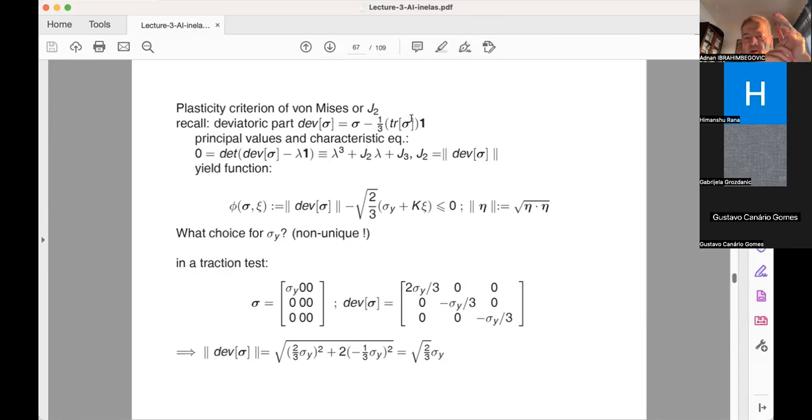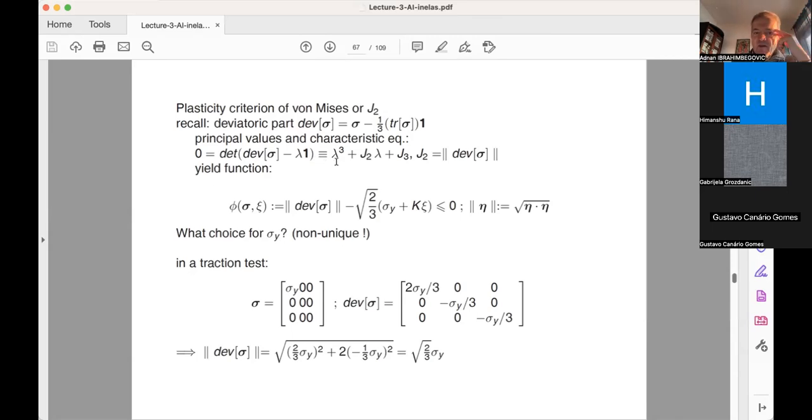Now, we can compute the principal values of this deviatoric stress by the usual procedure: you take the deviatoric stress minus lambda, being the principal values, times the identity, times the principal vector, equal to 0. And then the condition of having a solution of this so-called characteristic equation is that the determinant should be equal to 0. So this could be written as a cubic equation in lambda.